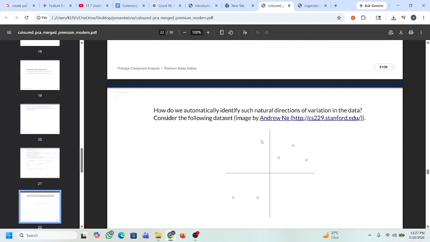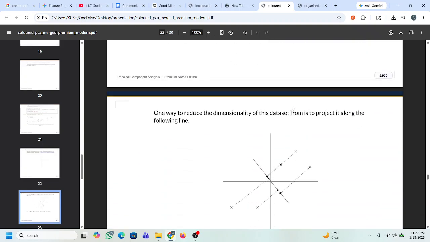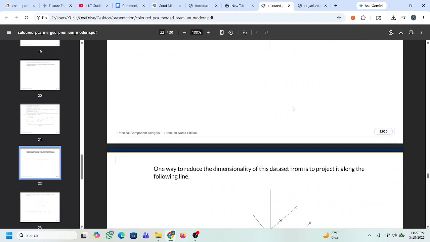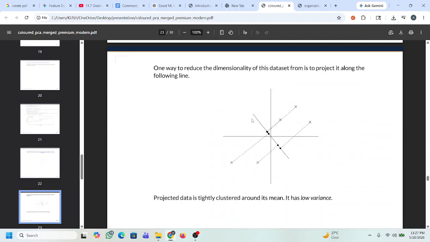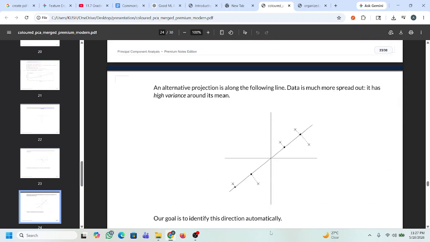We will see this data again and then derive maximum variance. If I draw the line like this, it is too clustered, and if I draw it like this, the spread is large, which is good for us.